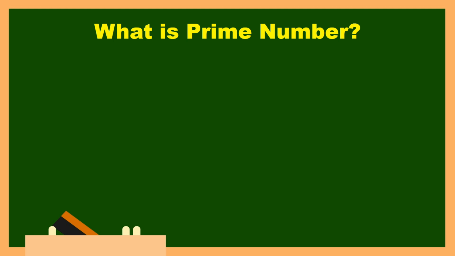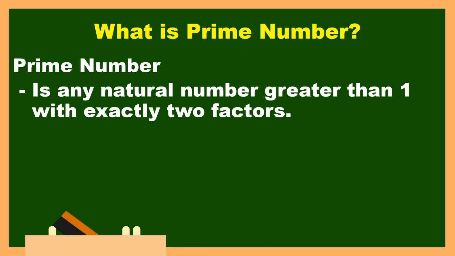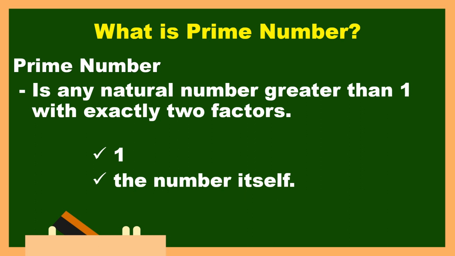But what is a prime number? Prime number is any natural number greater than 1 with exactly 2 factors. Ang prime number po ay kahit na anong natural number greater than 1 o mas mataas sa 1 na meron lamang 2 factors. At ang factors na yon ay 1 at the number itself o yung mismong number.